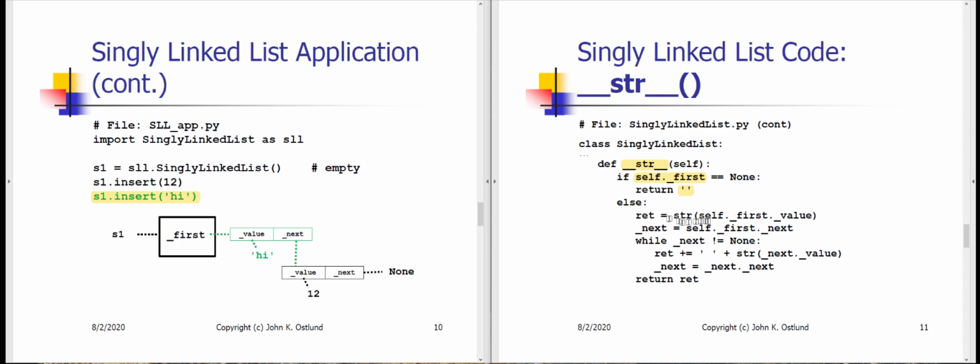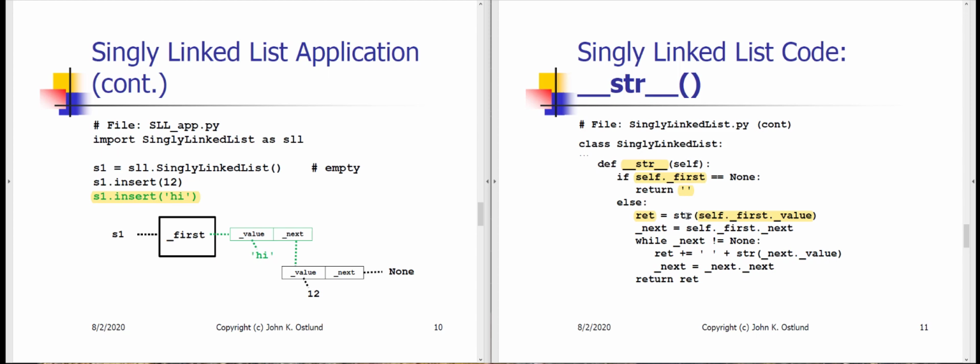Otherwise, we're going to construct this ret value. We're going to use this ret variable to keep track of the string that we're eventually going to return. And the first part of that ret string is simply going to be the first node's value converted to str.